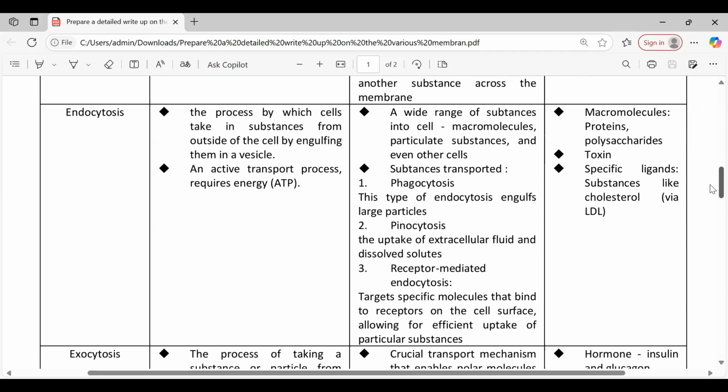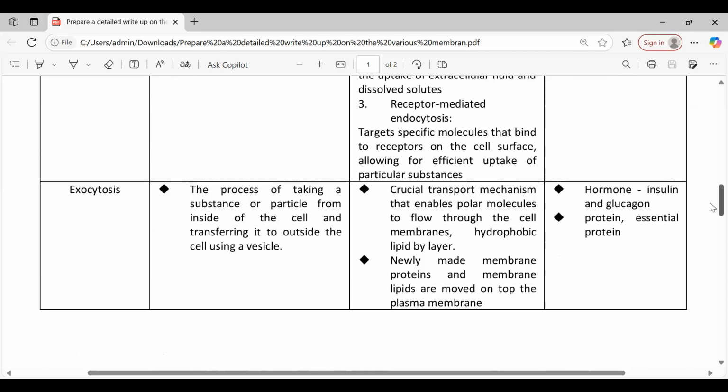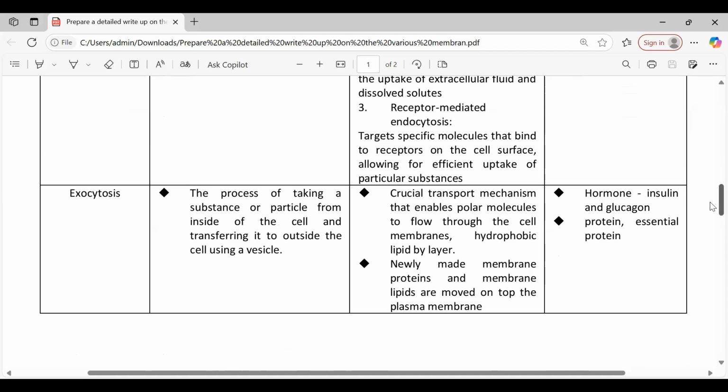Then number 7, exocytosis. The description is the process of taking a substance or particle from inside the cell and transferring it to the outside using a vesicle. It is a crucial transport mechanism that enables polar molecules to leave through the cell membrane despite the hydrophobic lipid bilayer.